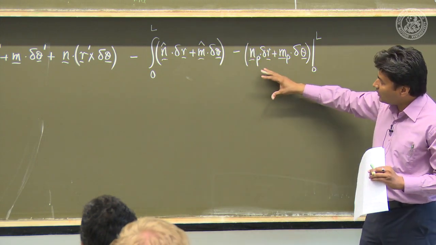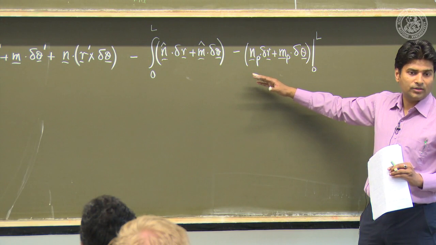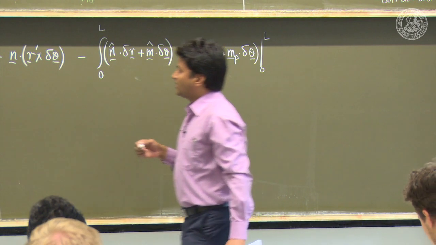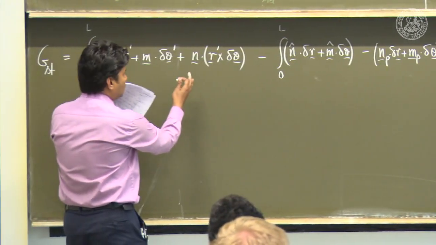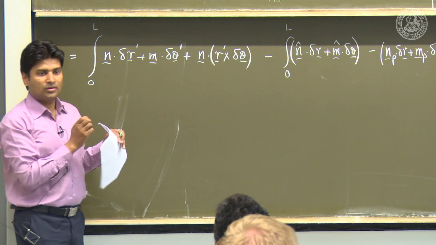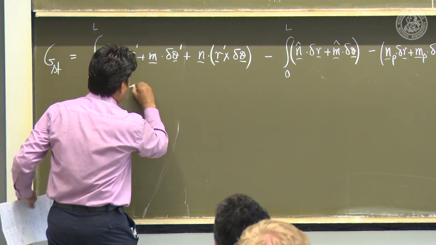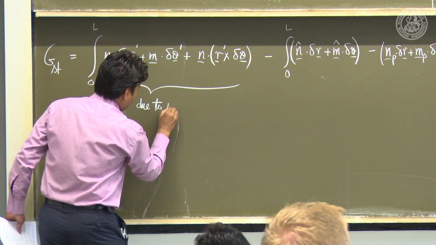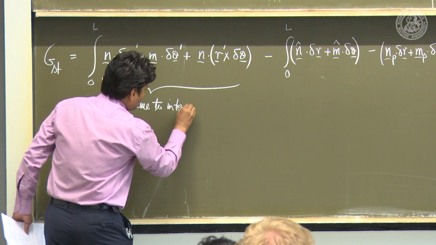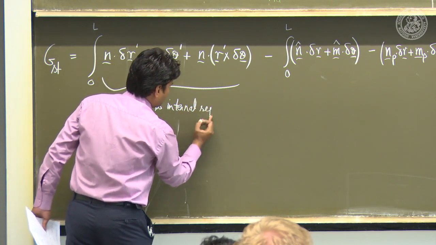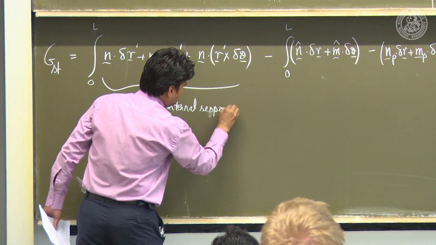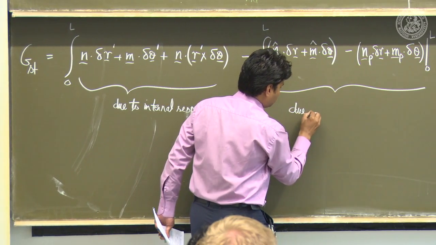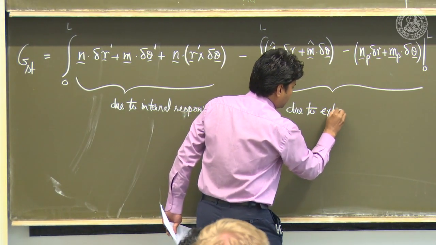Similarly, if there are no prescribed end forces and moments, then these terms would also go away. All right, and this is due to internal response of the rod. So we could categorize this: this is due to internal response and this is due to external load.